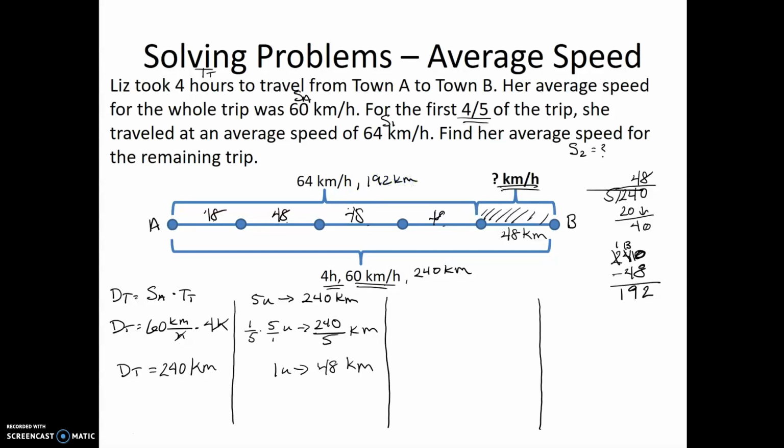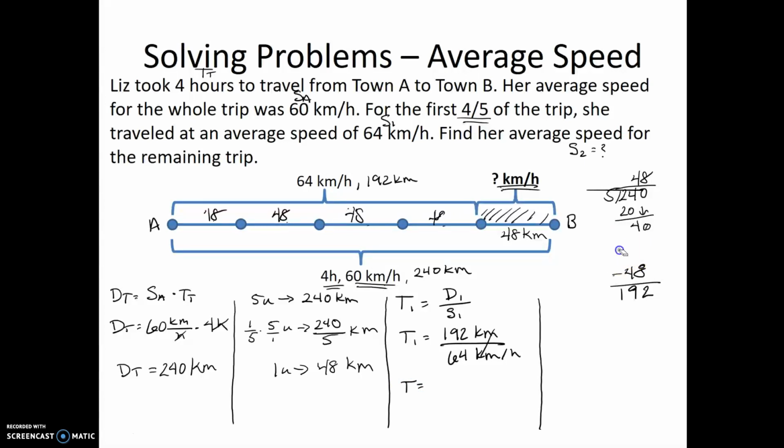Okay, now we can find the time 1. So time 1 is going to be distance 1 over speed 1. We have both of those. So 192 kilometers divided by 64 kilometers per hour. And our time 1, looks like we need to do a little bit more math.